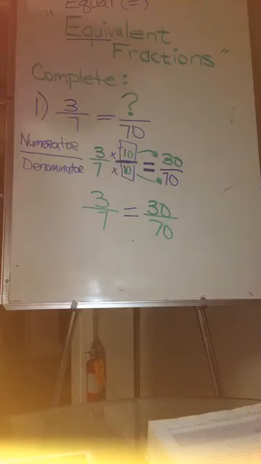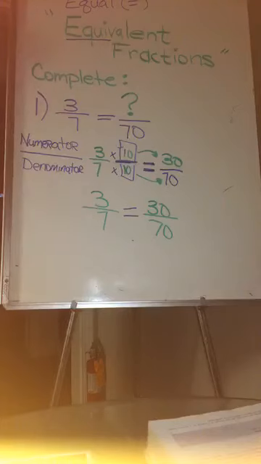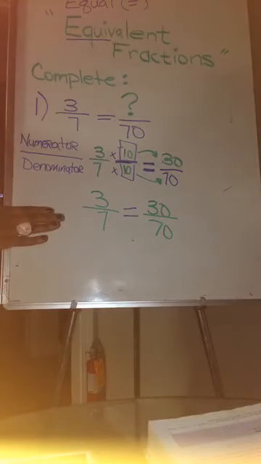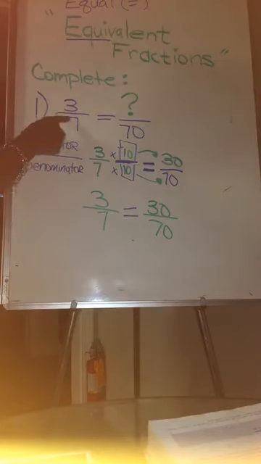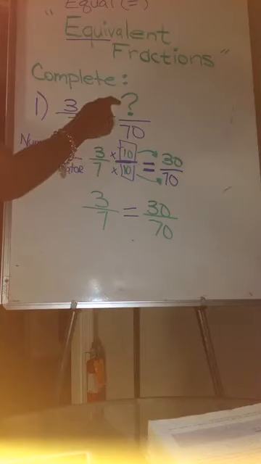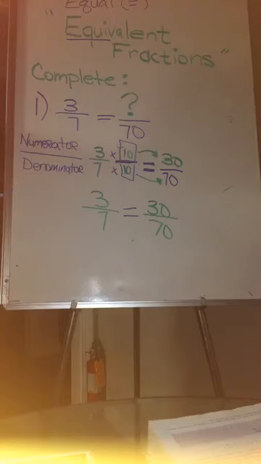All right, so I'm going to do another one so you can kind of get the pattern of how you complete equivalent fractions. All right, so let's just check to make sure I have everything correct. We have 3 divided by 7, that is our fraction, equal to some number divided by 70. So we have our numerator and our denominator.